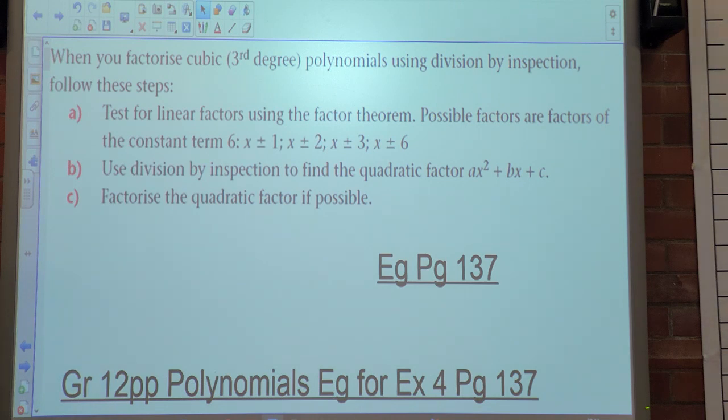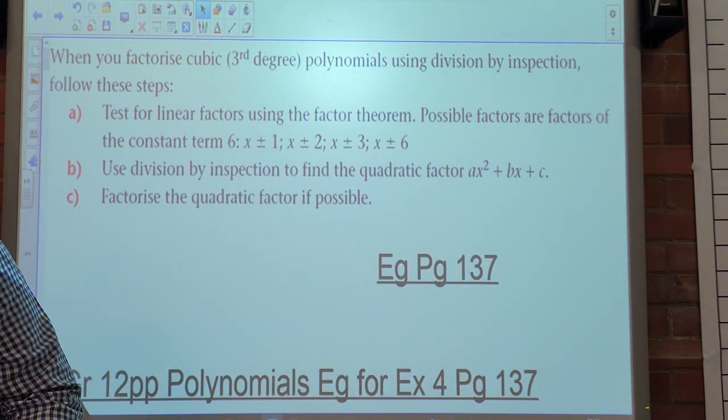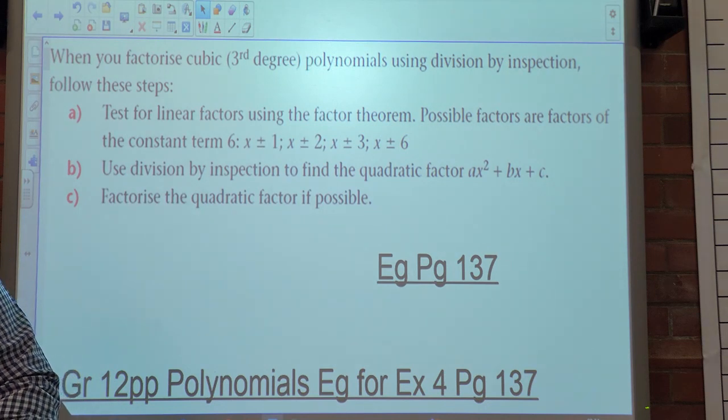Use division by inspection to find the quadratic factor, which is x squared plus bx plus c. And thirdly, factorize the quadratic factor if possible.